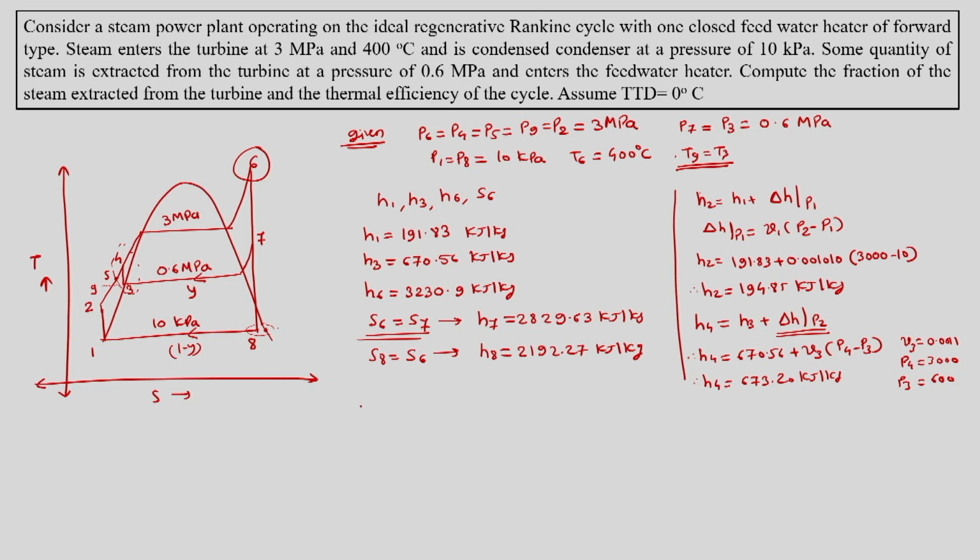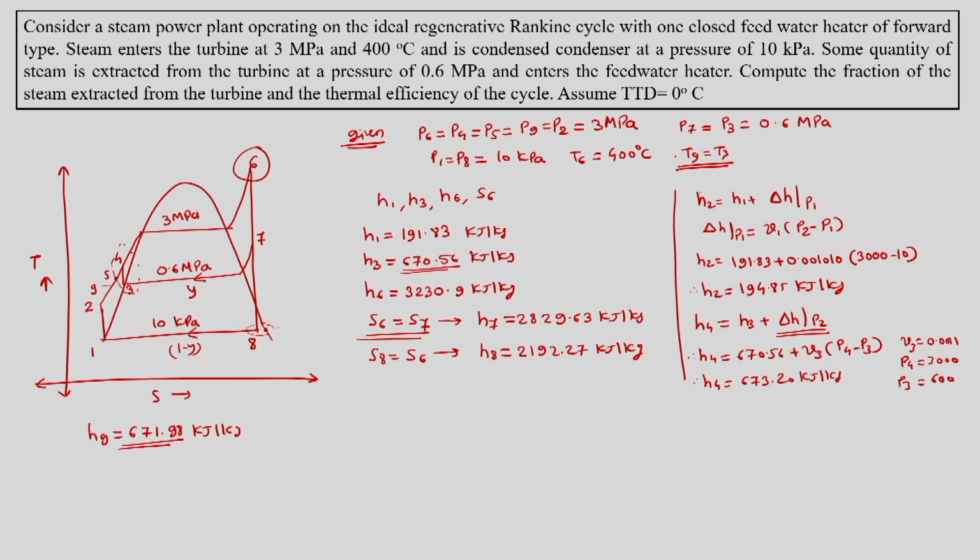The value of H9 obtained from the liquid water table is 671.98 kilojoule per kg. We can see here that H9 is 671 and H3 is basically equal to 670. So, this is almost similar.